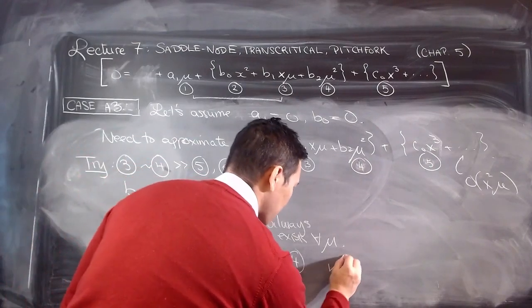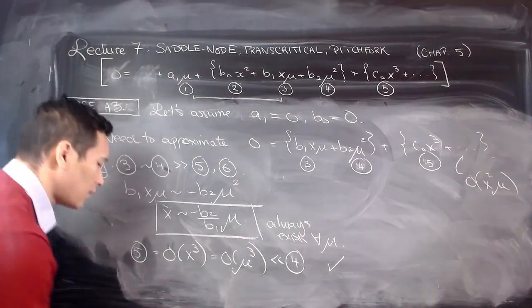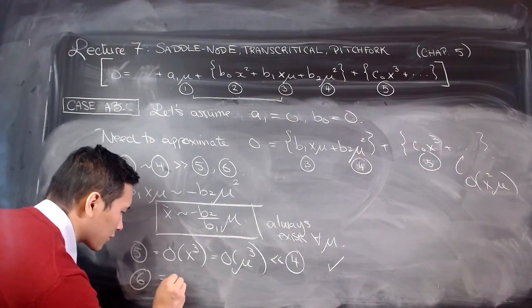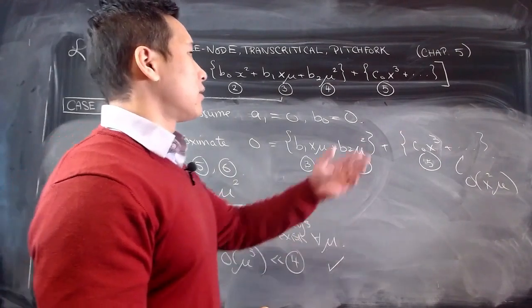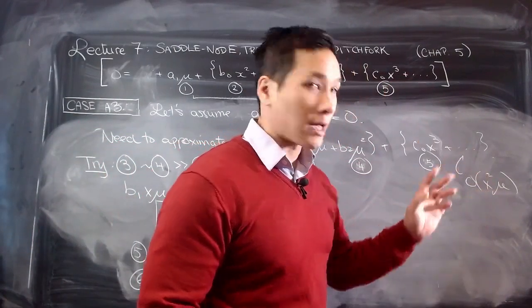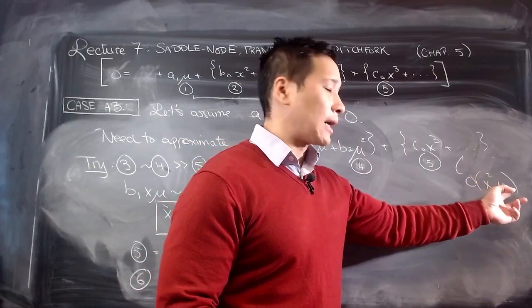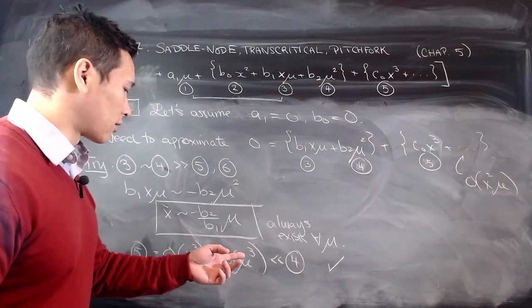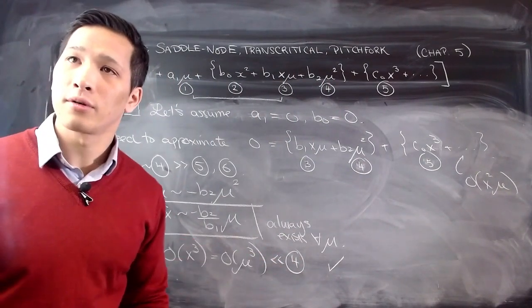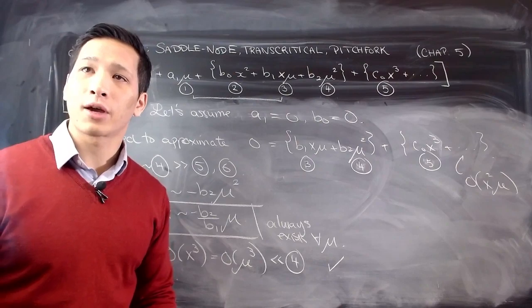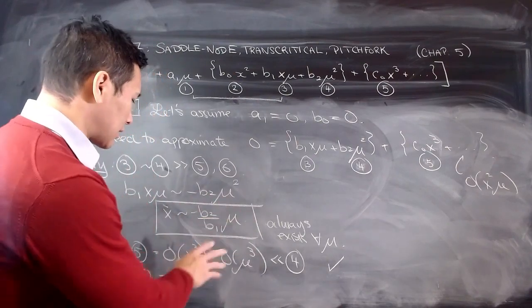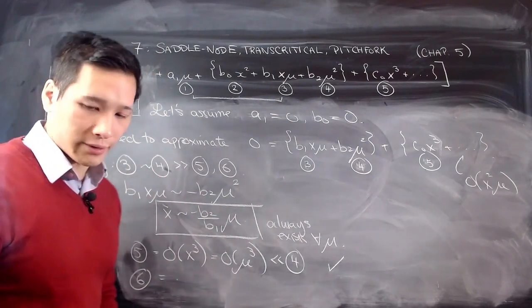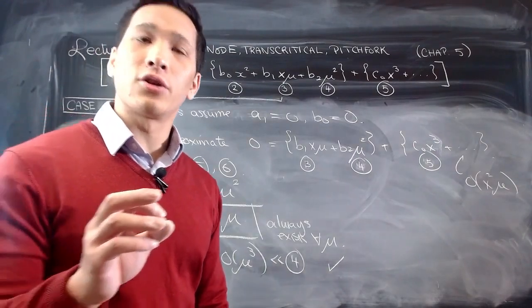So this is a consistent balance. And then you can try for 6 as well, for example, x squared times mu, if x is order mu, this is mu cubed, which is smaller than mu squared, which was 4, when mu is small. Good. So this is a legitimate, consistent balance, but the key is that it's not the only balance.